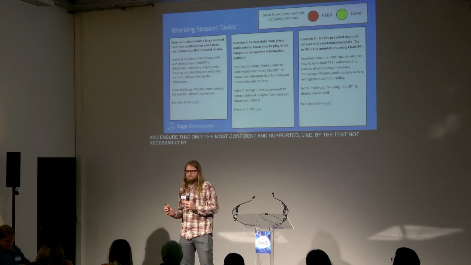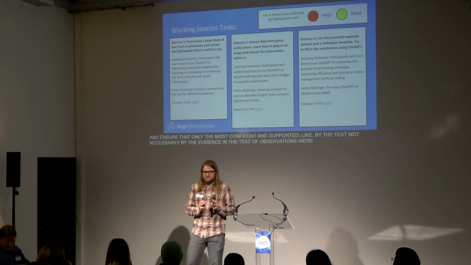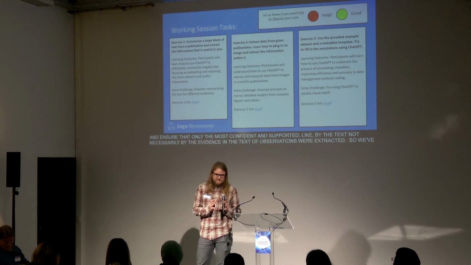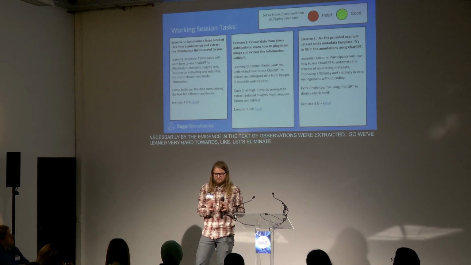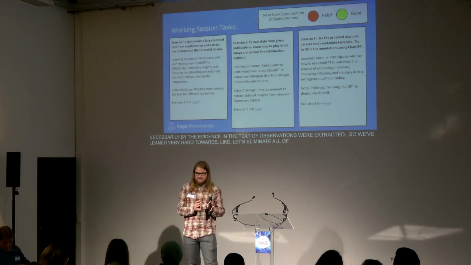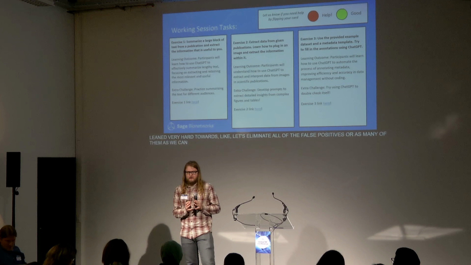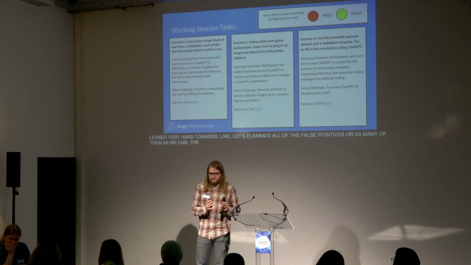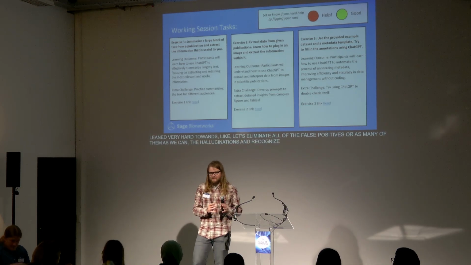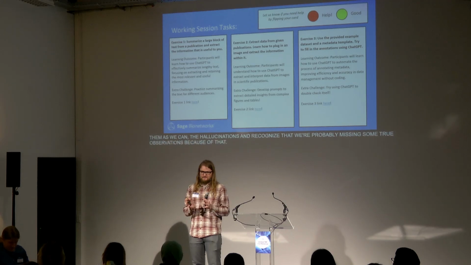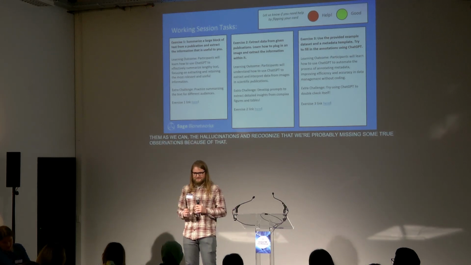So we've leaned very hard towards eliminating all of the false positives, or as many of them as we can, the hallucinations, and we recognize that we're probably missing some true observations because of that. But at this point, it's just safer to opt in that direction.